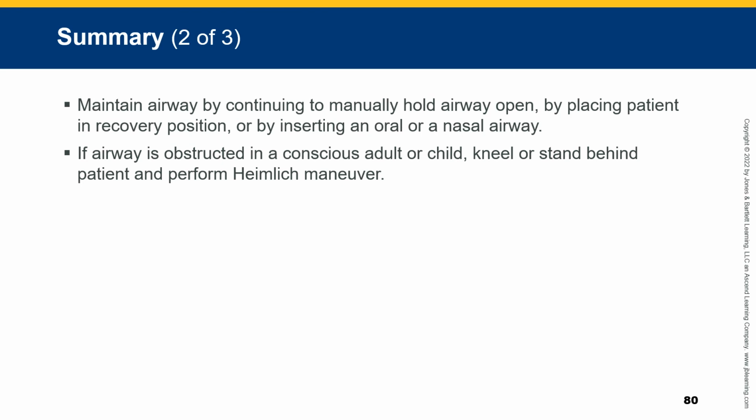If an airway is obstructed in a conscious adult or a child, kneel or stand behind the patient and perform the Heimlich maneuver. Give abdominal thrusts until the obstruction is relieved or the patient becomes unconscious. If a patient becomes unconscious, perform chest compressions based on their status as an adult, infant, or child.